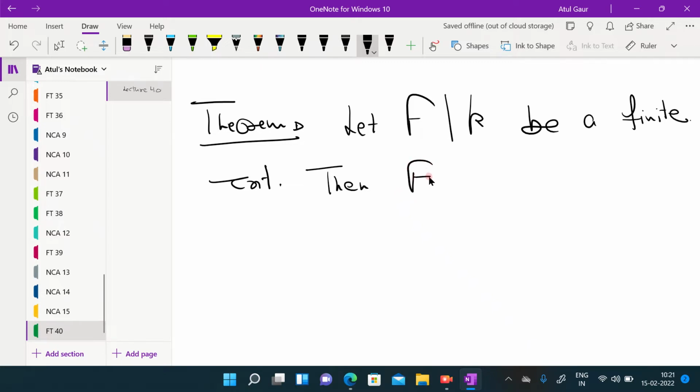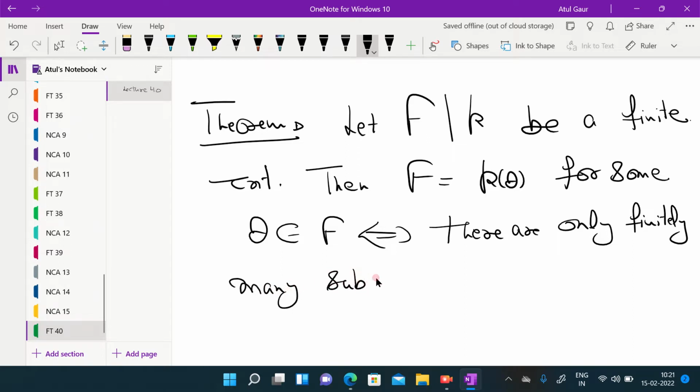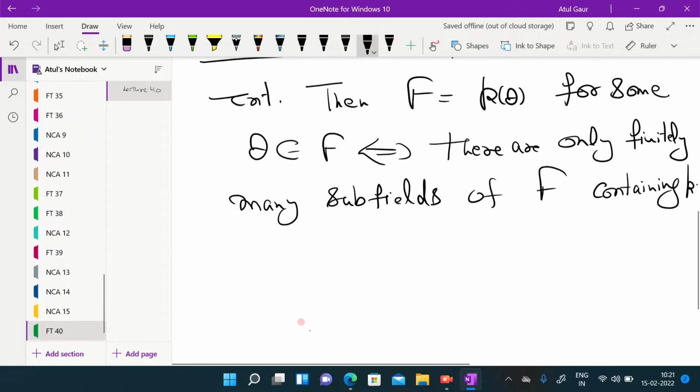So then F is a simple extension, that means F is K(theta) for some theta in F, if and only if there are only finitely many extensions, or finitely many subfields of F containing K. All right.